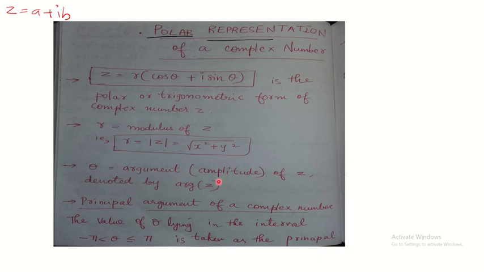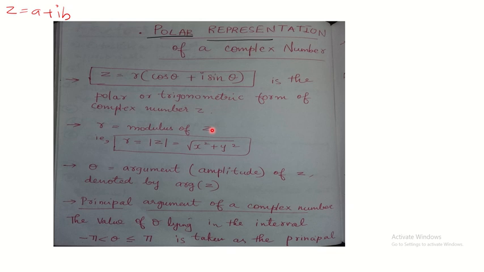This argument can also be called the amplitude of z, denoted by arg z. Theta is the argument of z. So this is about polar representation: z equal to r (cos theta plus i sin theta). This is a very important topic from the exam point of view.